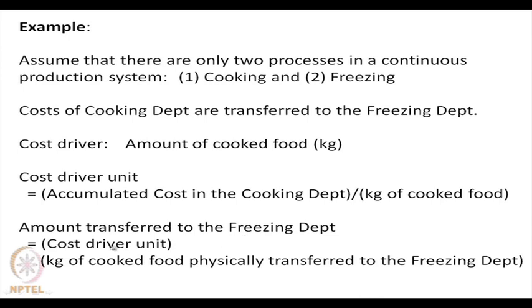The amount transferred is the cost driver unit, that is rupees per kilogram of cooked food, the unit cost of cooked food being transferred, multiplied by the quantity of cooked food physically transferred to the freezing department. So, this is quite a simple example of how costs are transferred.